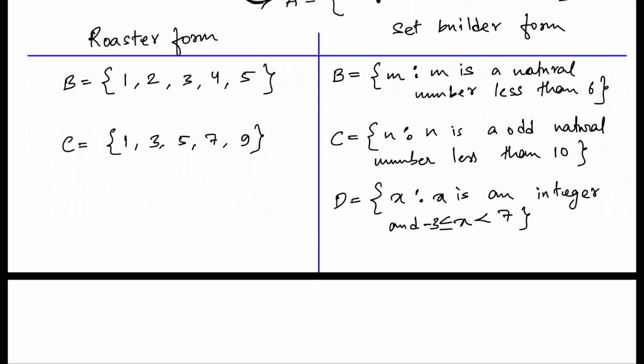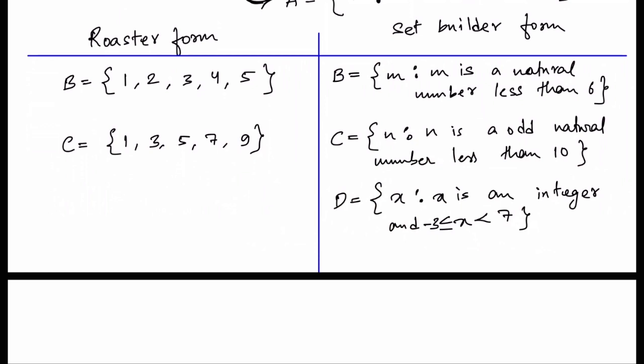Now there is a condition given: the element x is less than 7, so the elements will be 6, 5, 4, 3. All those elements will be in the set, but x is greater than or equal to minus 3. That means all the elements in set D will be less than 7 and greater than or equal to minus 3, and all the elements will be integers.